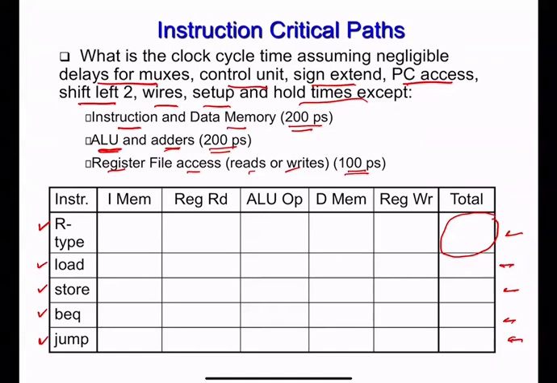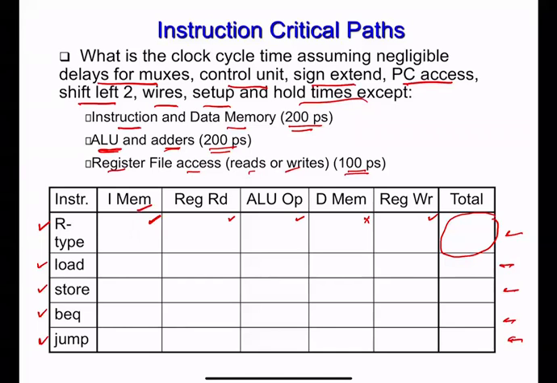If I have an R type, I know that I have to access the instruction memory. In this case, I have to access the register. I have to access my ALU. I don't have to access the memory, but I have to access the register write, because I will take two. I will go to the instruction register and take the RS and the RT, and then do the ALU, the addition or subtraction or whatever the operation, and then I will write that output to the register, but I don't pass the memory at all.